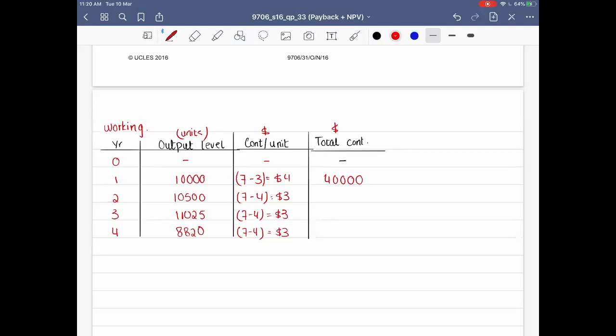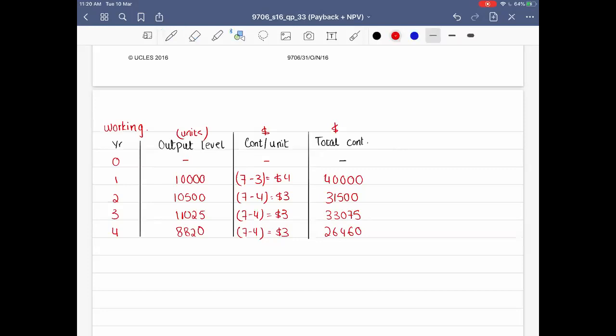Right? And then the second year is 10,500 into 3, 31,500. Then 11,025 multiplied by 3, that is 33,075. And then 8,820 multiplied by 3, that is 26,460.